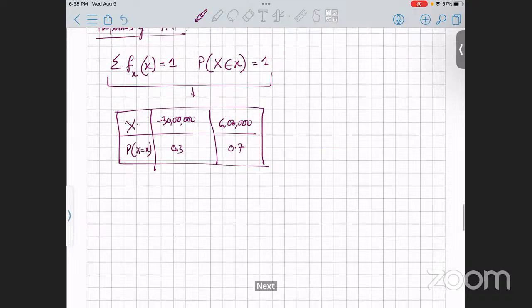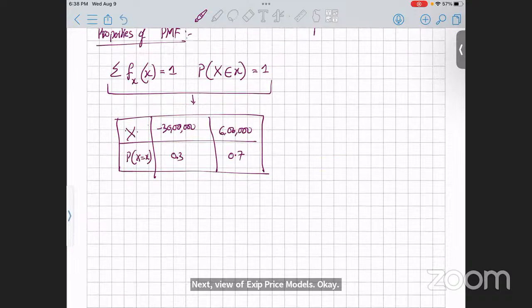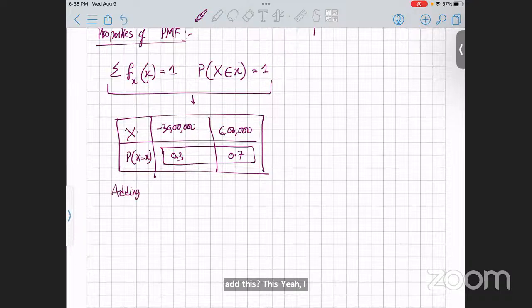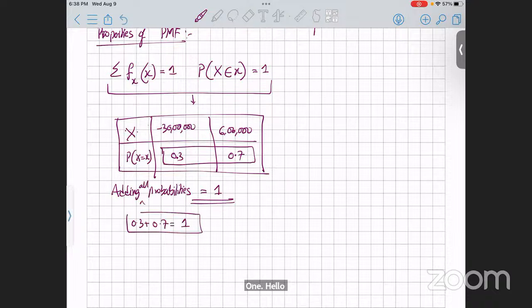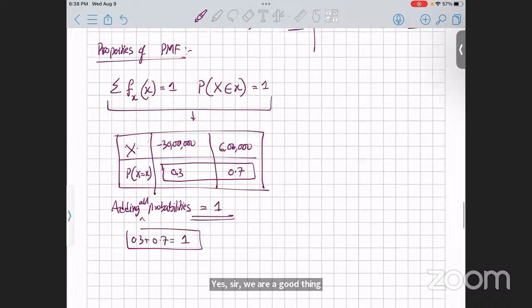When you add all these probabilities, the sum must be equal to 1. Here 0.3 plus 0.7 gives 1. This is the most important thing, the first thing.